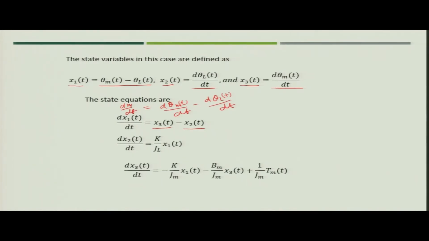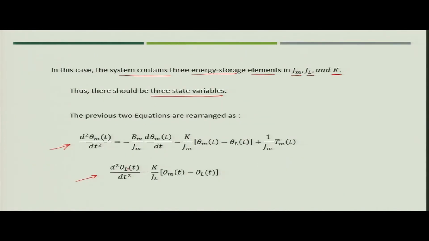So, we got our first equation for state variable, that is dx1 by dt is equal to x3 minus x2.